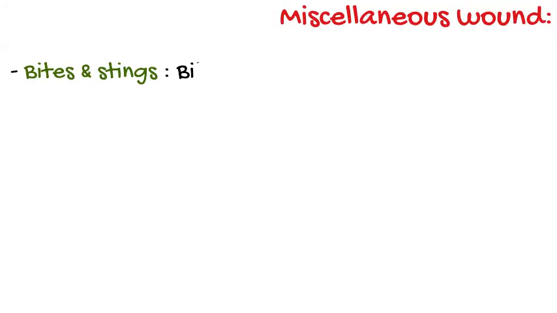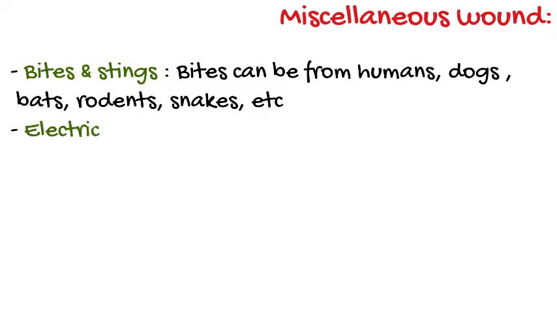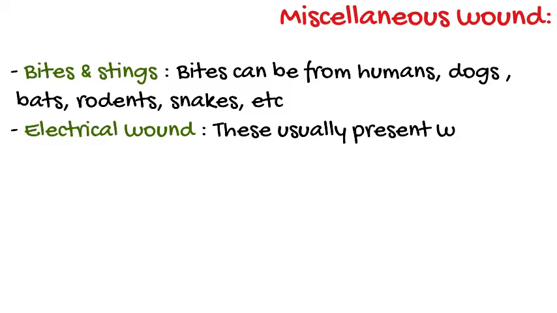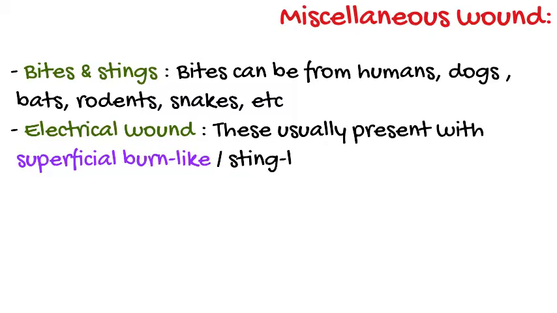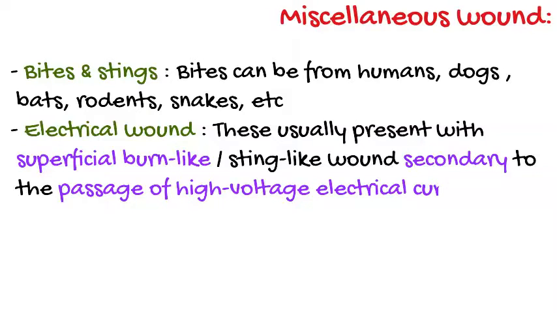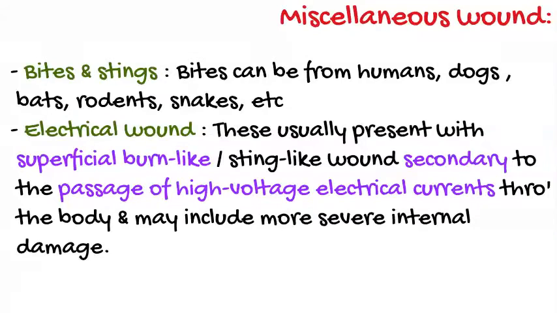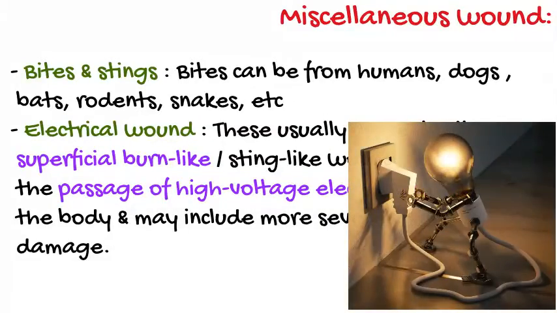The bites and stings wound. Bites can be from humans, example a teeth bite, dogs, cats, bats, rodents, snakes, etc. For electrical wound, this usually presents with a superficial burn-like or sting-like wound secondary to the passage of high voltage electrical currents through the body and may include more severe internal damage.